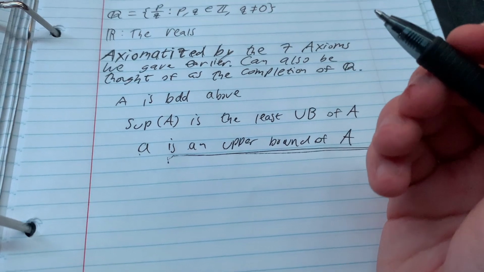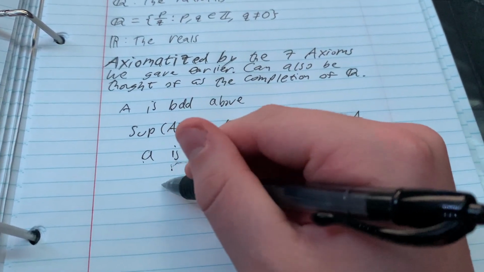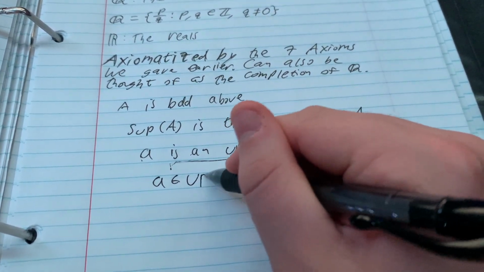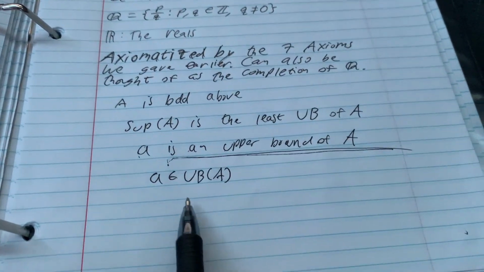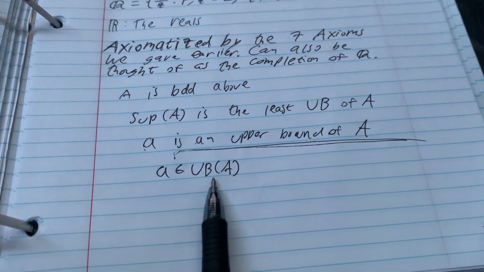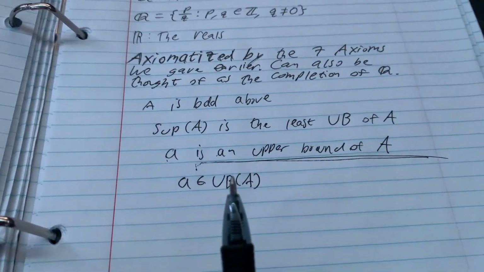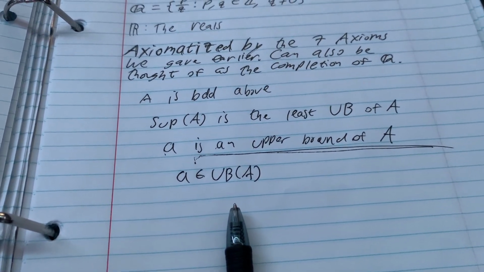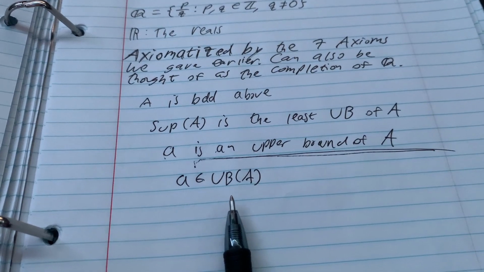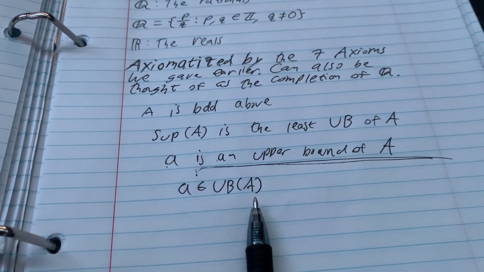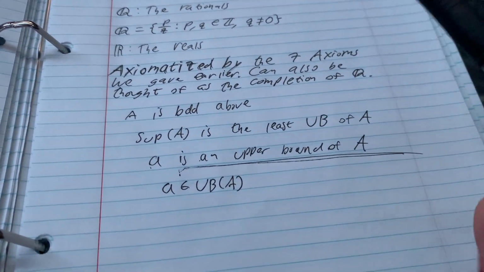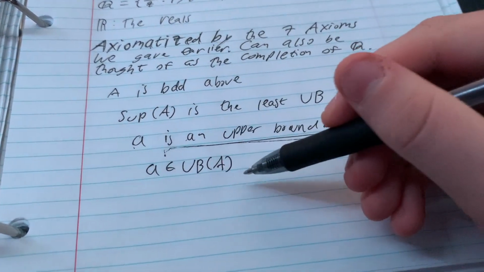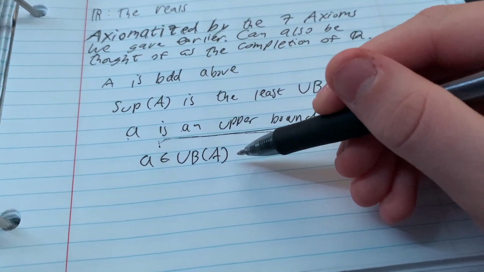I made up a function, I guess. I write down a is in UB of A. UB of A is a function from the set of all sets to the reals or something. UB of A is all the upper bounds of A. That's how I use it.